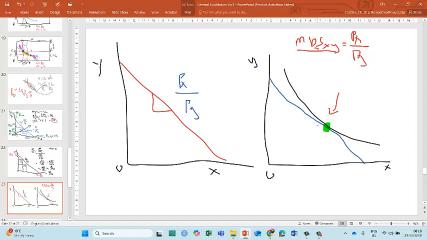So where they touch, they share exactly the same slope. Therefore, the marginal rate of substitution must be equal to the price of x over the price of y.